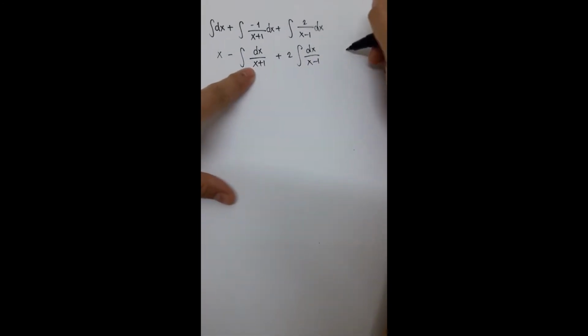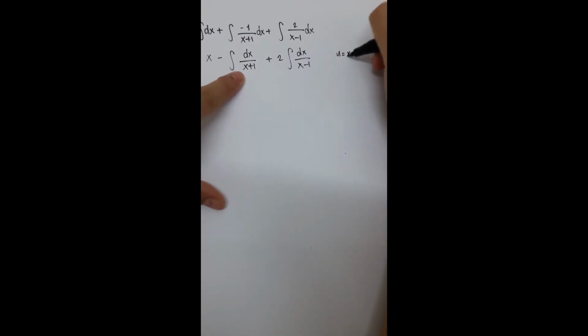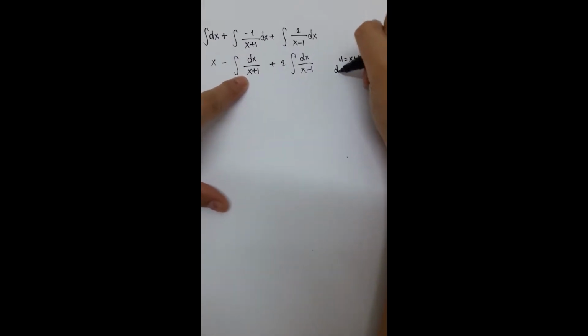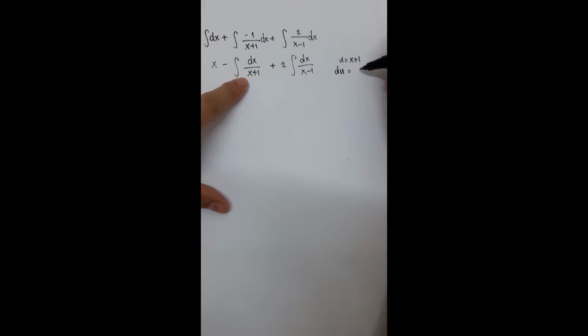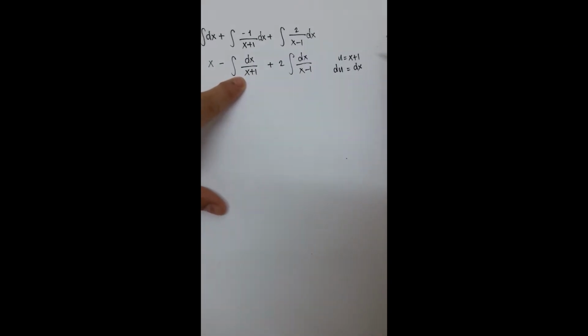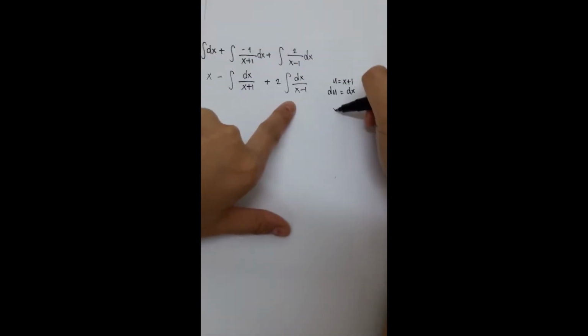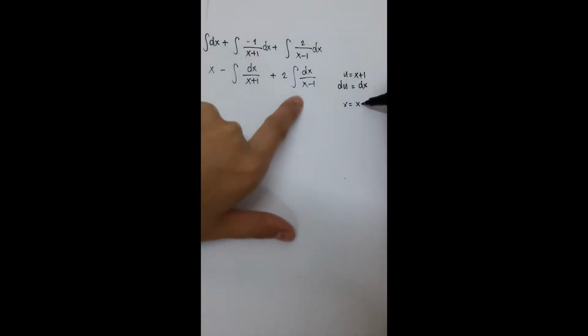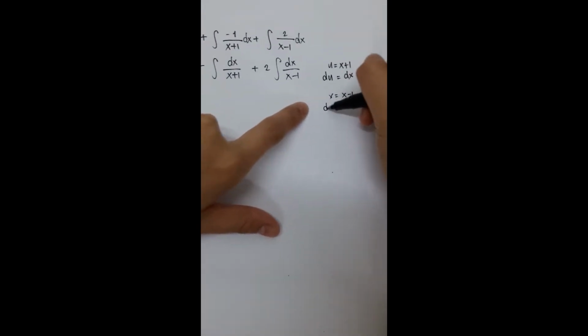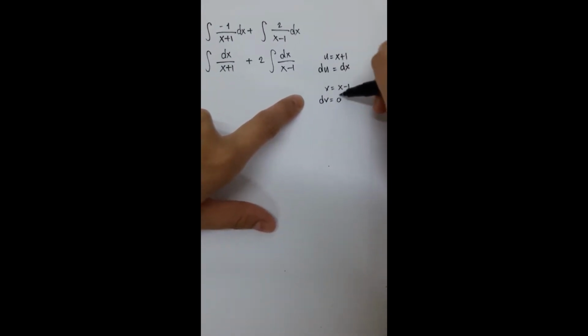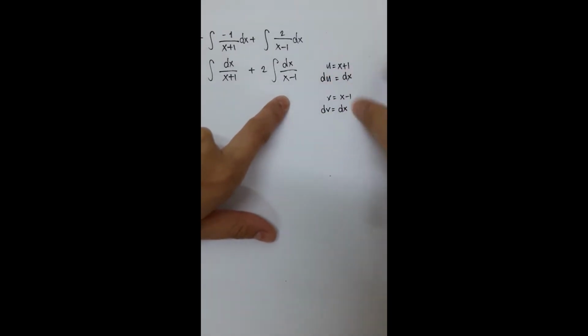Let the value for x plus 1 be u, so u is equal to x plus 1, and then the derivative of u will be equal to dx. And in this part, let v be equal to x minus 1, and then the derivative of v is equal to dx too.